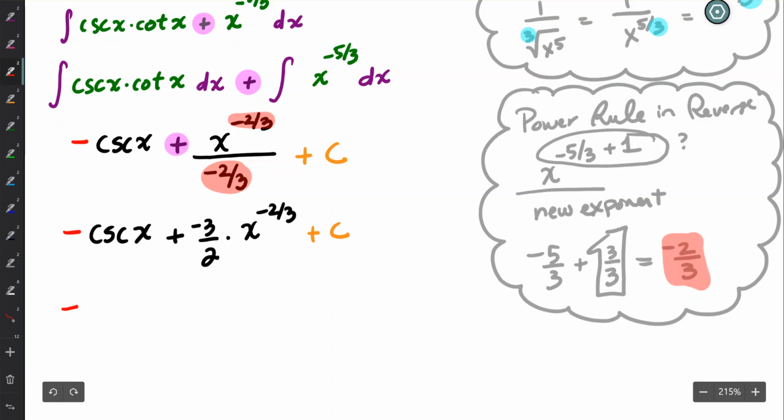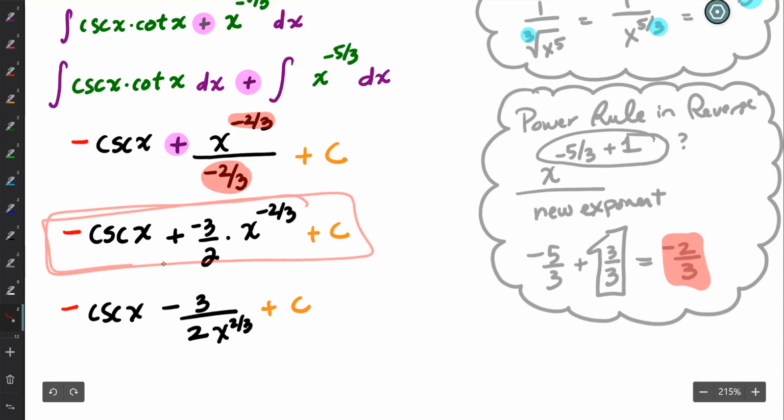We've got minus cosecant plus negative 3/2, which is just minus 3/2. And I think I'll go ahead and get rid of this negative exponent, or not. I actually think I'm going to leave it. I was going to write x to the 2/3 down here, which is fine. But it is nice when you're looking at it in this form for the check.